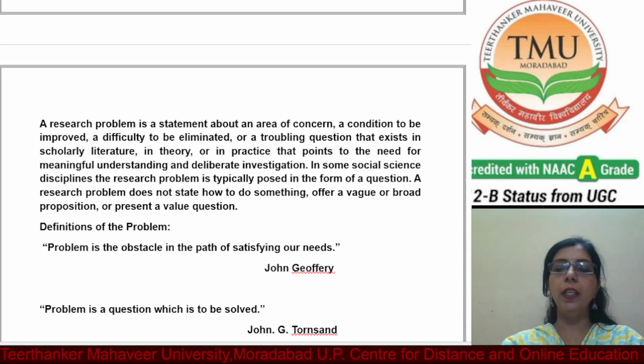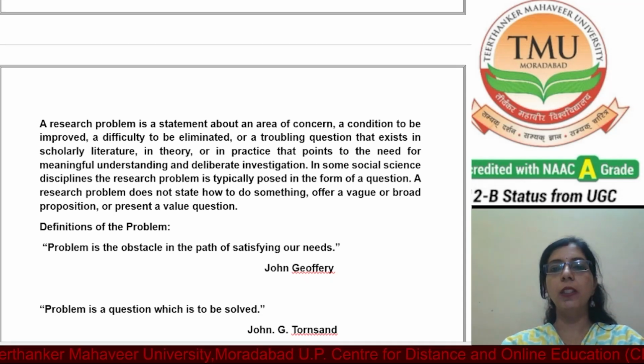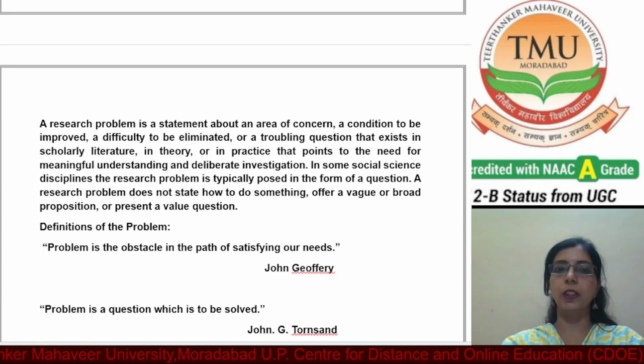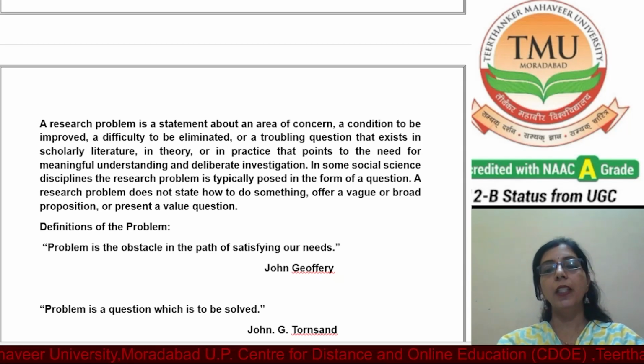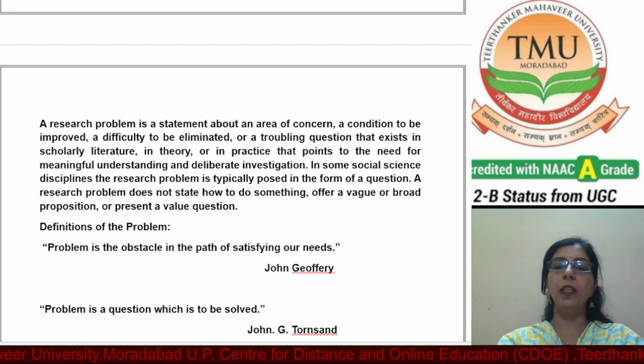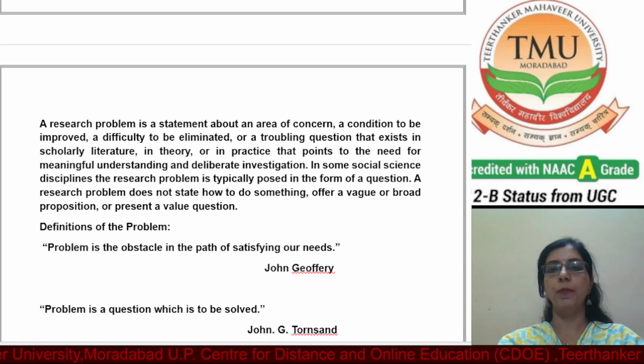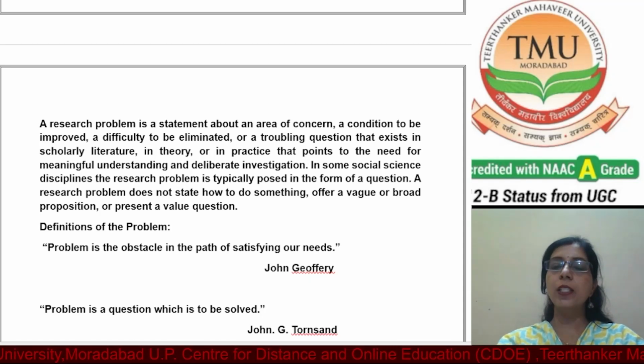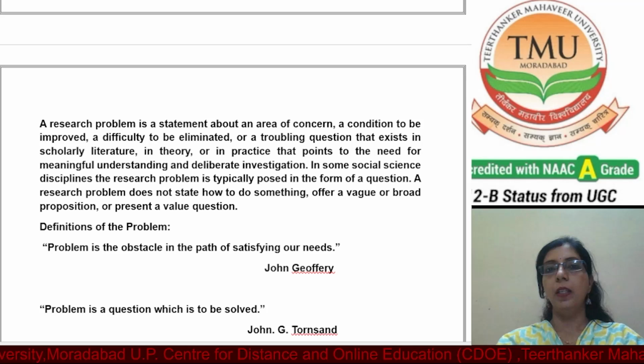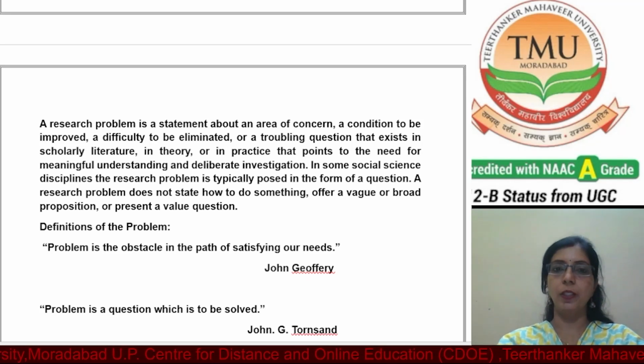Selecting and defining a research problem is the first and foremost step in a research process. This is the first and basic step in the process of research.